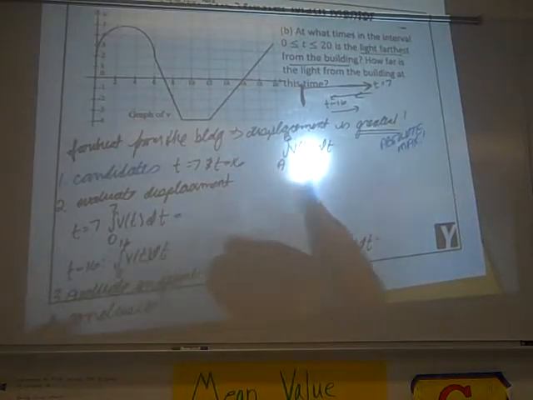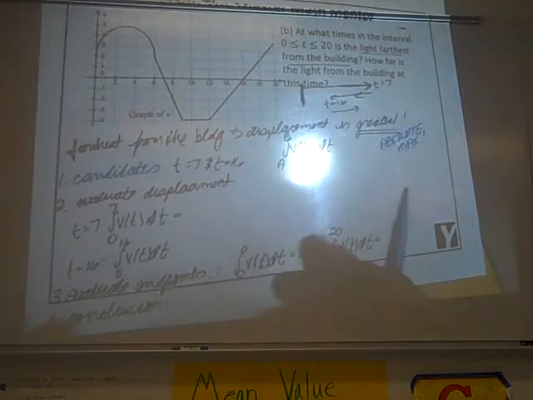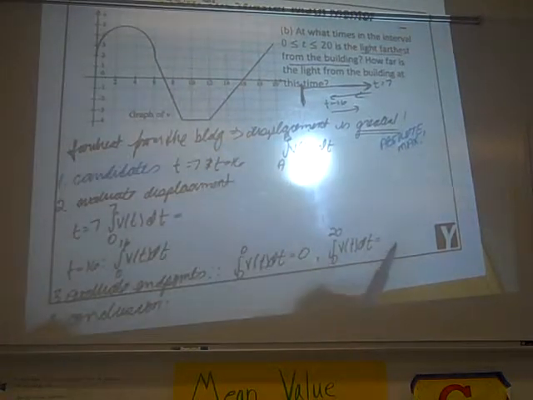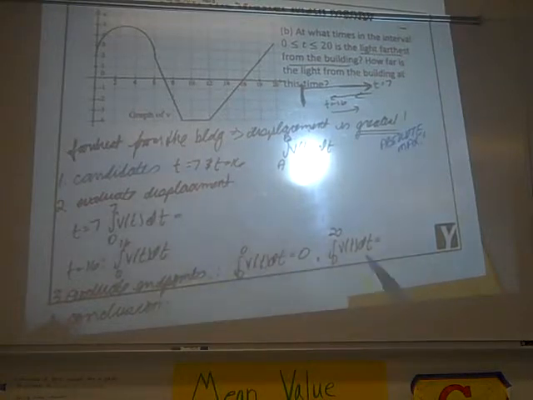I want to show the AP graders as quickly as possible, hey, I know what's going on. I've got a good process here, and there's possibilities of earning points for showing that you really, truly understand how to show an absolute maximum. Like I said, it's a possibility, it's not a guarantee.